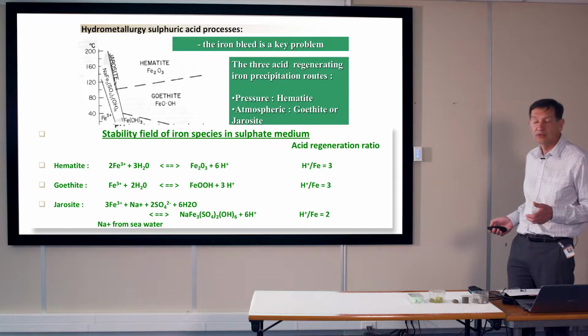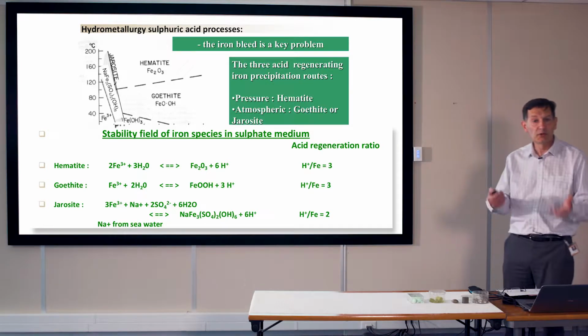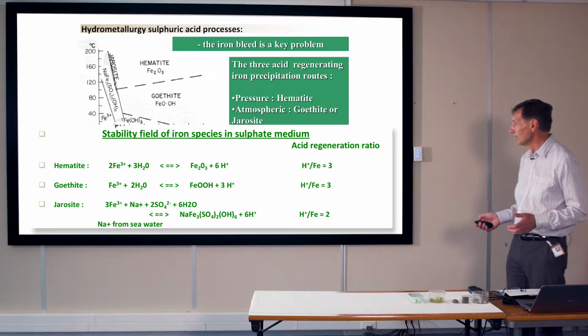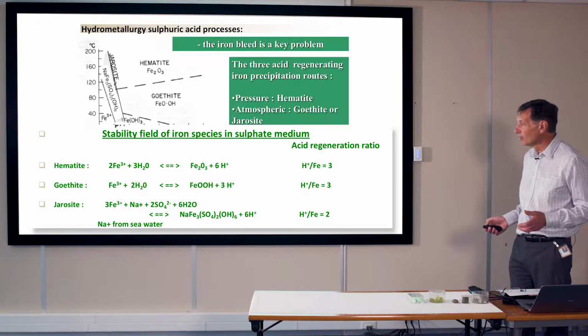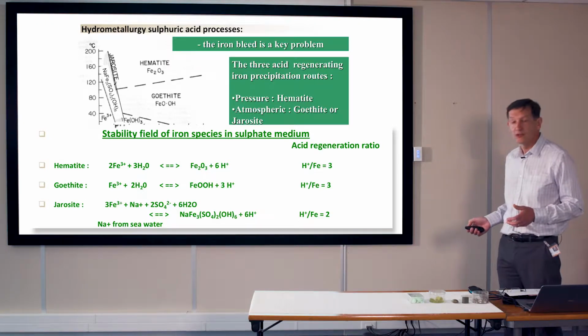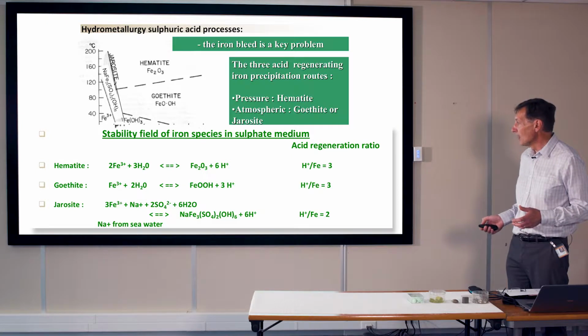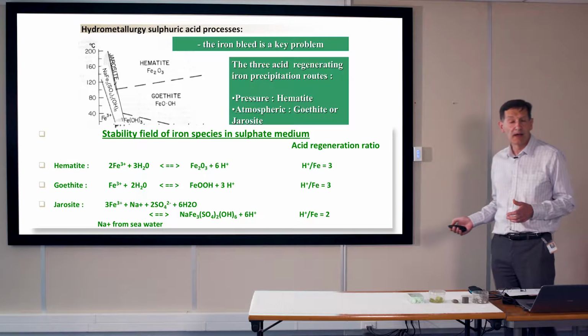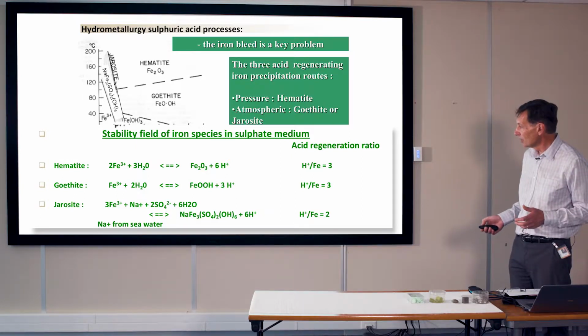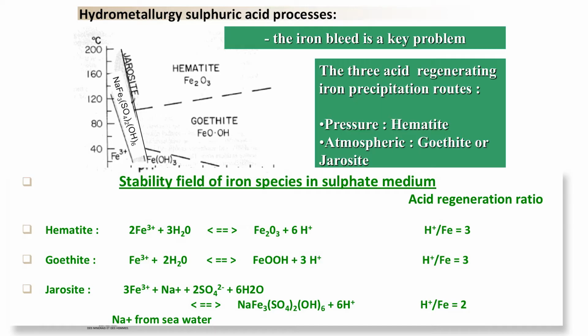You see the H+, that's the acidity created during the reprecipitation of the iron, with a different acid regeneration ratio depending on the mineral you have precipitated. For hematite and goethite, you recover 3 H+ per iron, and for jarosite, you recover only 2 H+ for 1 iron.